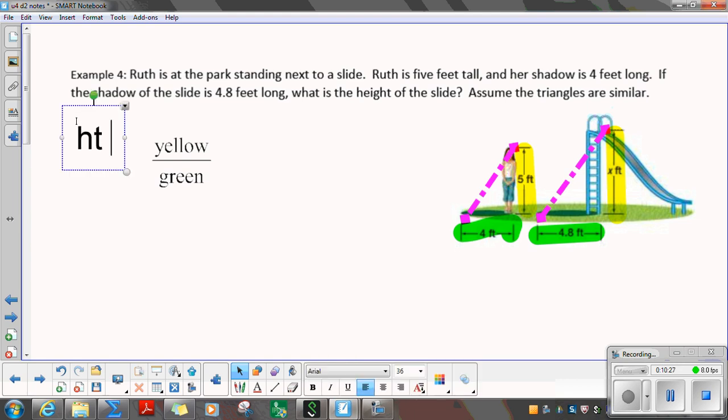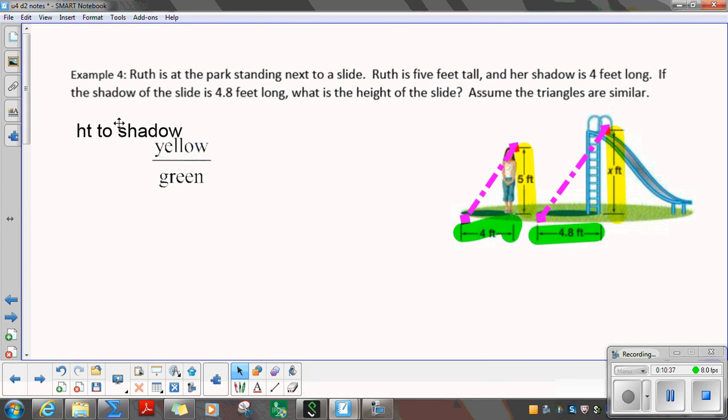Height to shadow. I'll make it smaller in a second. That's what I'm going to compare. Height to shadow. And you could just write out the actual things that you're comparing instead of highlighting if you want. It's a lot easier when you don't have colors. So that's what the yellow and green is representing, the height and the shadow.